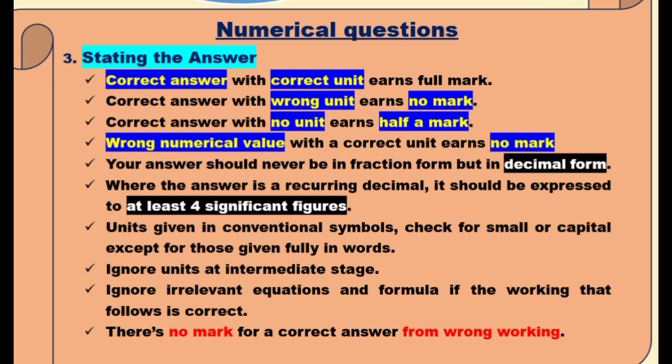So when you are giving the units in symbols, mostly you work with capital letters or small letters. For example, capital K, Kelvin, capital N, Newton, small s, second. So you should check which one do you work with, capital letters or small letters, when you are replacing in symbols. Ignore units at intermediate stages.